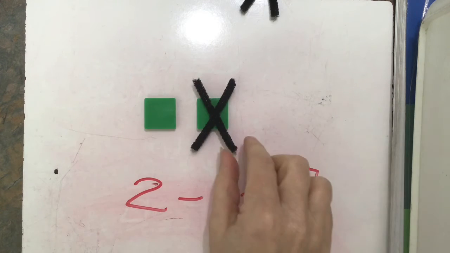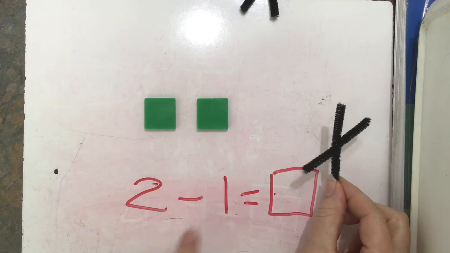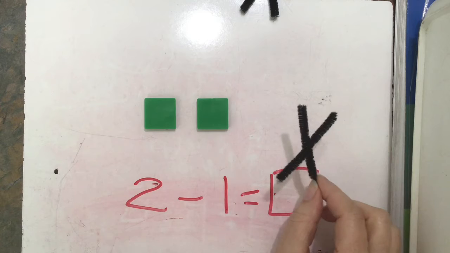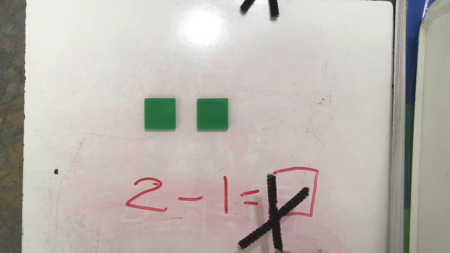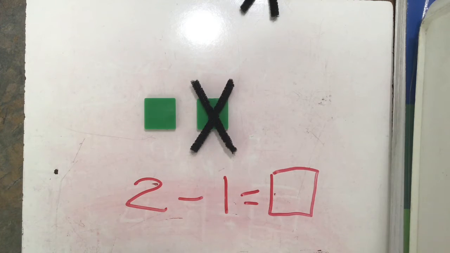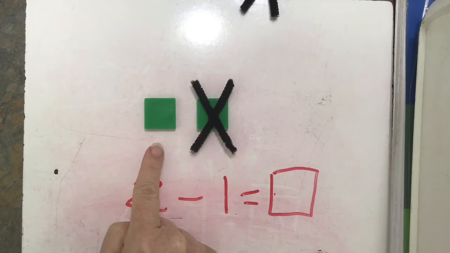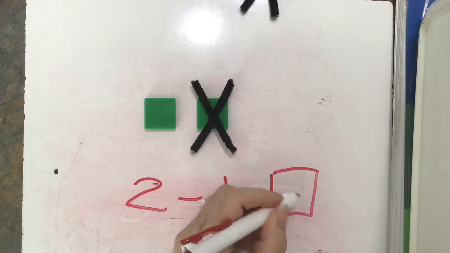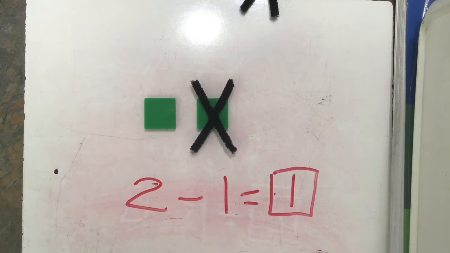Here's 2 green squares, and we're going to minus or subtract 1. All these words, subtract, minus, take away, they all mean the same thing. We're going to take away or subtract 1. How many do we have left? We have 1 left. So we would put 1 in the box.